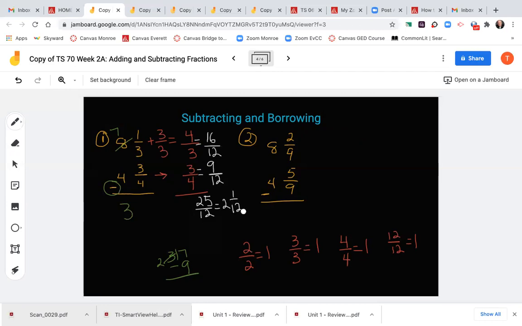Now, so I just brought my denominator over here, okay? Now, this again is where it's so important that we did this first right here. And we wrote it kind of big, okay? We got a 3 over here, and then we got a 2 and 1/12. My real final answer should be 3 plus 2 is 5 and 1/12.